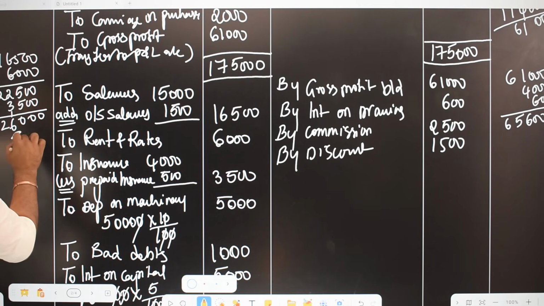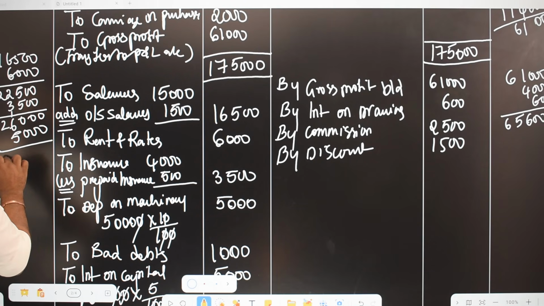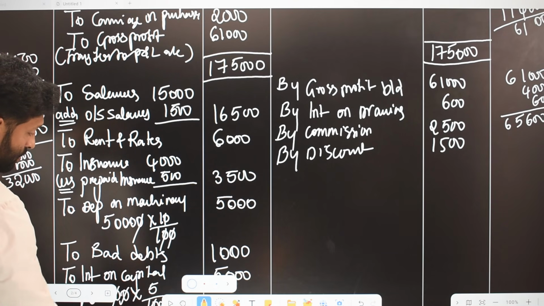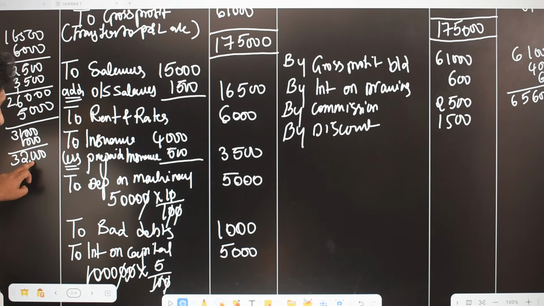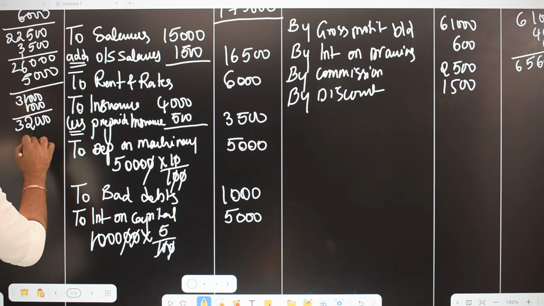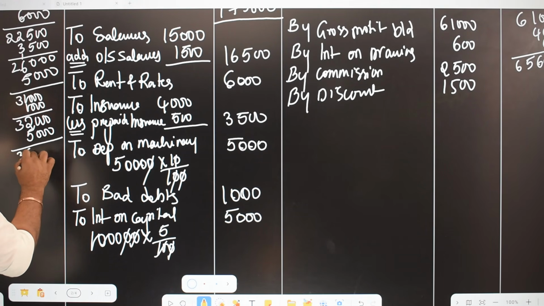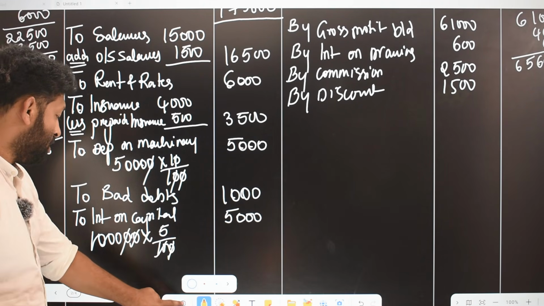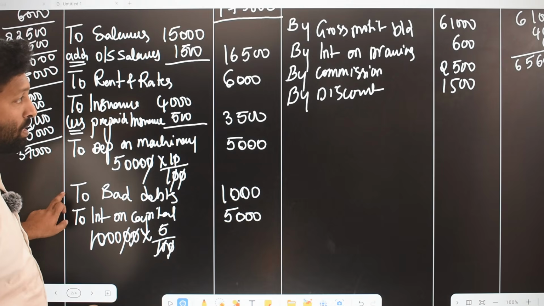Plus 5,000 is 31,000, plus 1,000 is 32,000, plus interest on capital 5,000. Total 37,000. So your income column has the highest value.